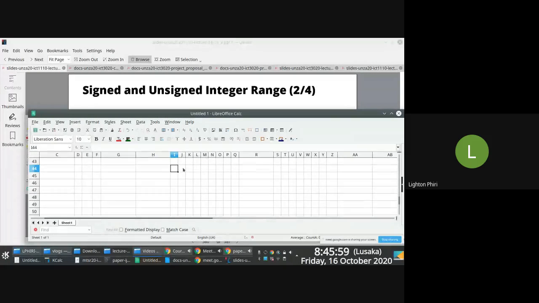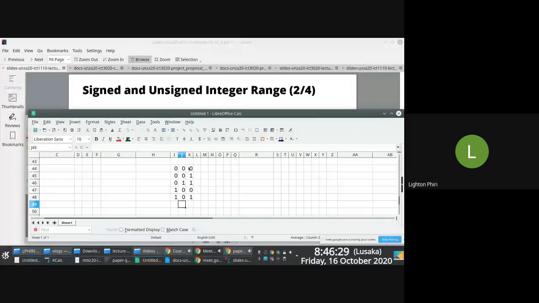Because we can only represent these numbers: 0, 0, 0; 0, 0, 1; and 0, 1, 1. The positive numbers, right? Negative numbers are going to be 1, 0, 0; 1, 1, 0; 1, 0, 1.